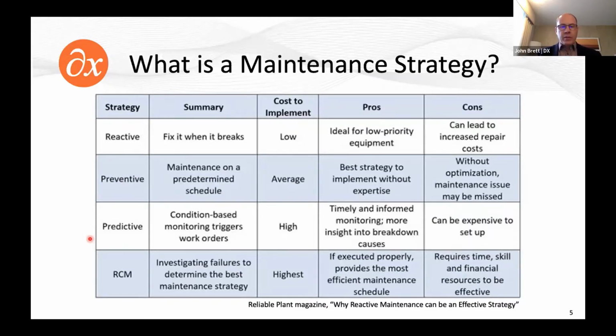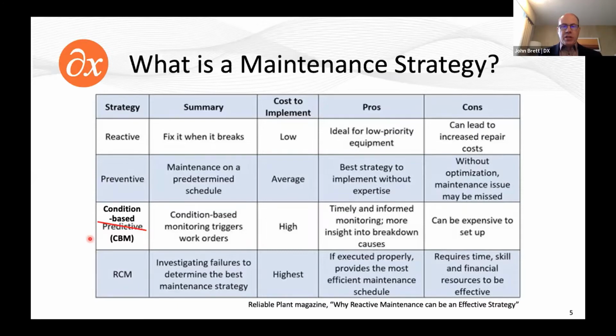The one revision I'll make to this slide is we're not fans of the term predictive at Delta X Research, because nobody has that crystal ball which will tell you exactly when an asset will fail. So you're really saying, the condition is such that it should be taken care of. We prefer to call it condition-based maintenance, or CBM.